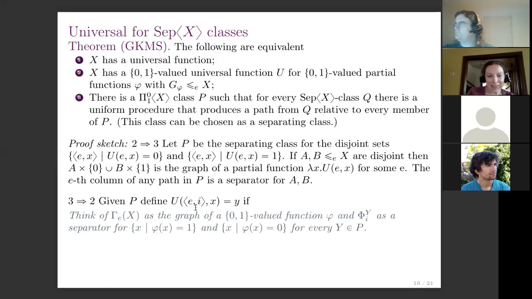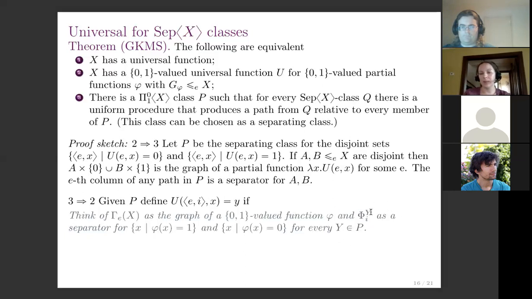And i is going to be this uniform procedure that allows us to compute a separator for the arguments on which phi gives 1 and the arguments on which phi gives 0, from every member of the class P that's given to us.